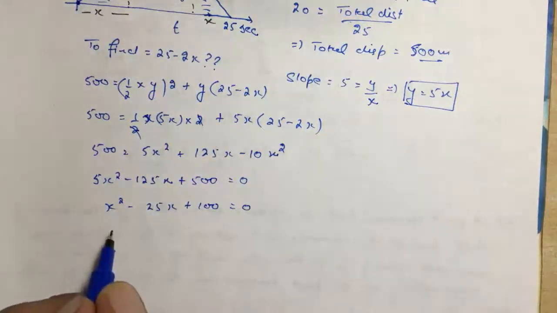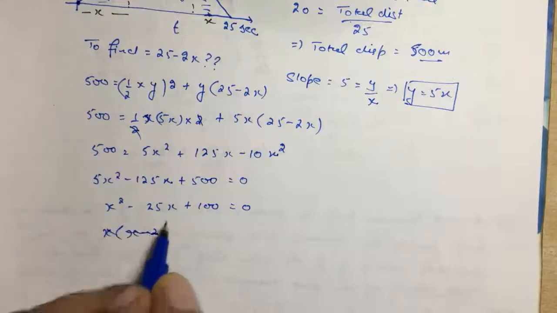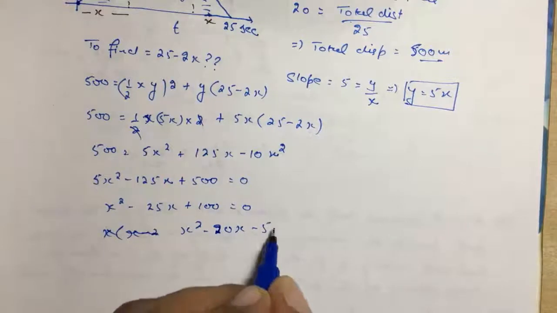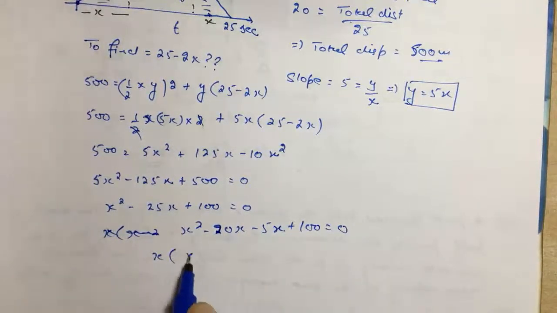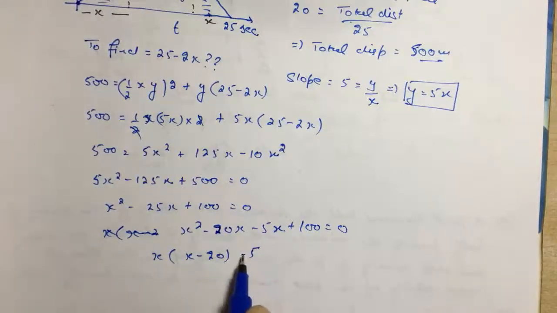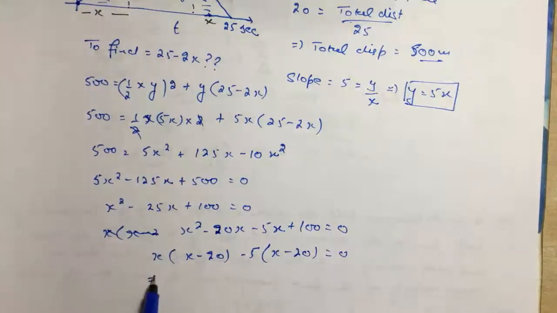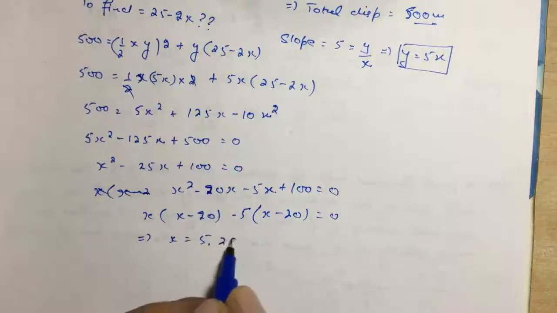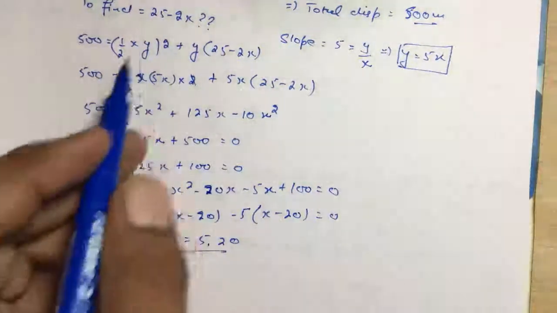And solving for this, I can break the middle term: x square minus 20x minus 5x plus 100 equals 0. On solving this, x minus 20 is equal to 0 or x minus 5 is equal to 0. This implies, solving the quadratic, x is either 5 or 20, but I need to find 25 minus 2x, and this is my time.